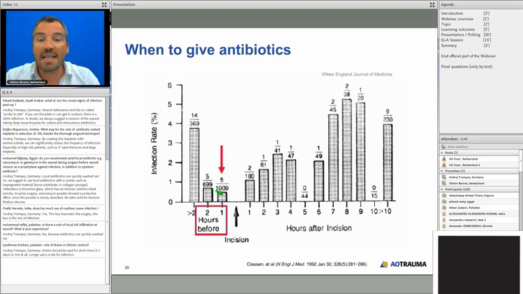And here you can see that if you give the antibiotics too late, that means that you already have started the operation, then the infection risk is going up once again. So it is very important that you check with your anesthesiologist and yourself who is going to give the order on what time and what point to give the antibiotics.